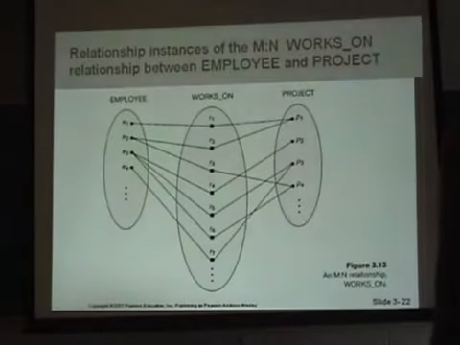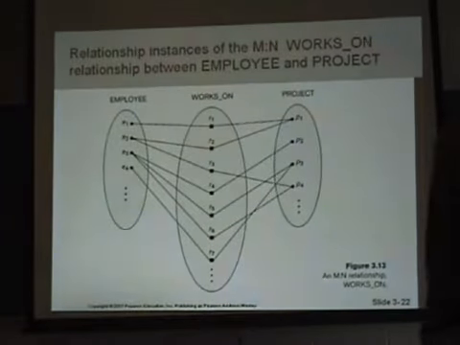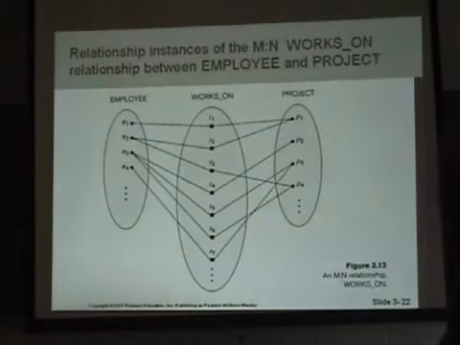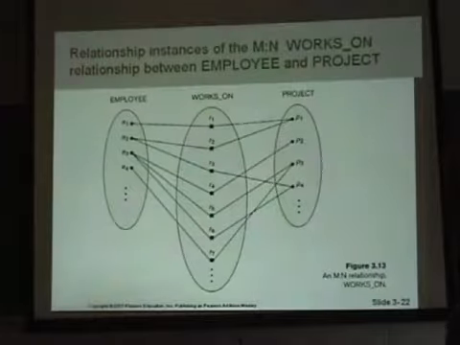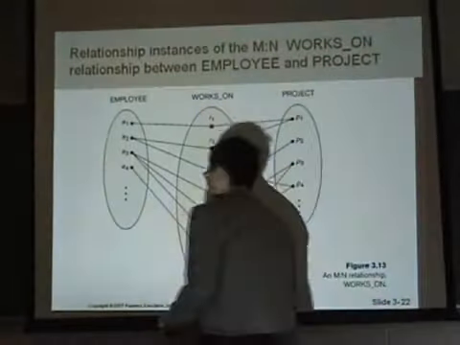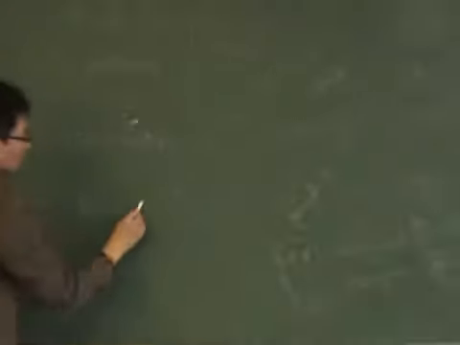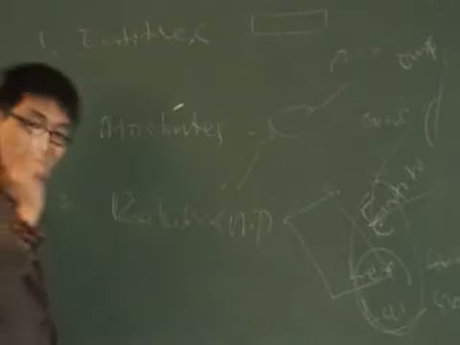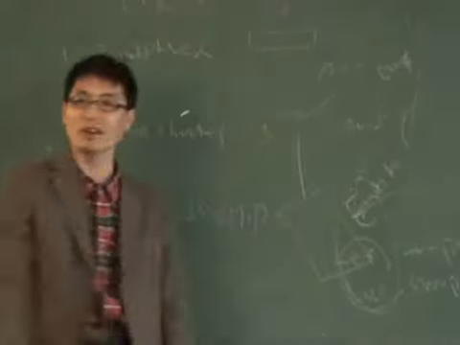Notation, finally. So we use the rectangle for the entity and oval for attribute, underline for key attribute, double whatever. For the relationship, we are going to use diamond. And in case you have the attribute, you can connect with oval.